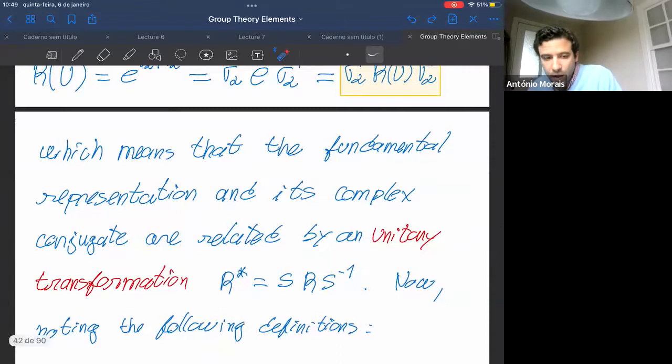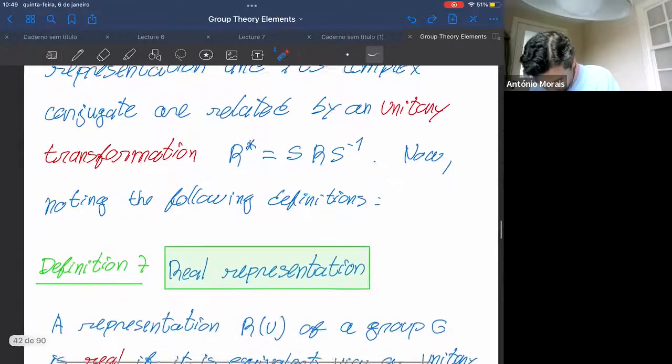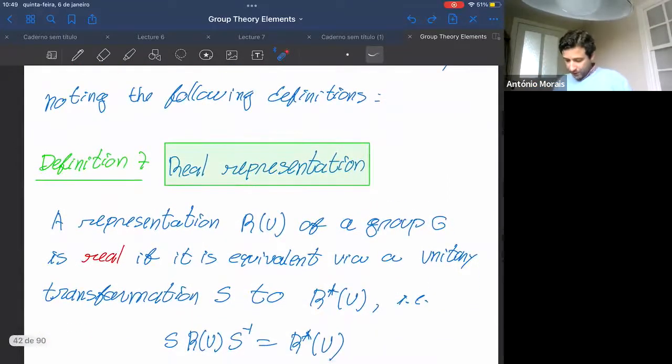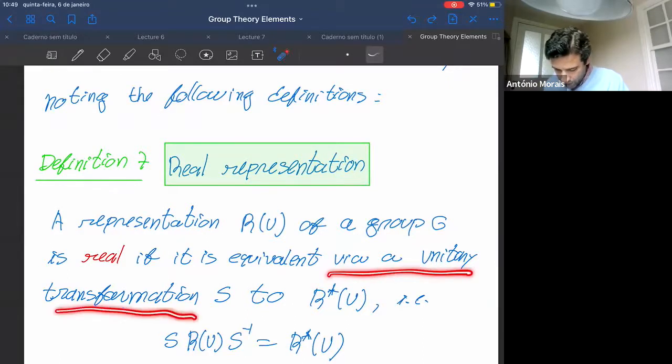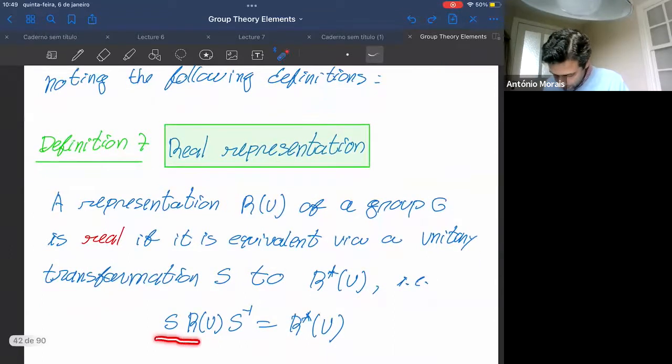Now there are two definitions, two important definitions, which is, what is the definition of a real representation? So a representation is real of a certain group if it's equivalent, if it's going via a unitary transformation to R star in this way. S R S minus 1 is equal to R star.